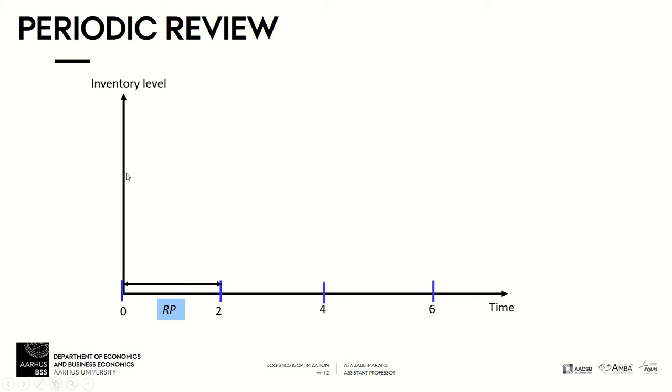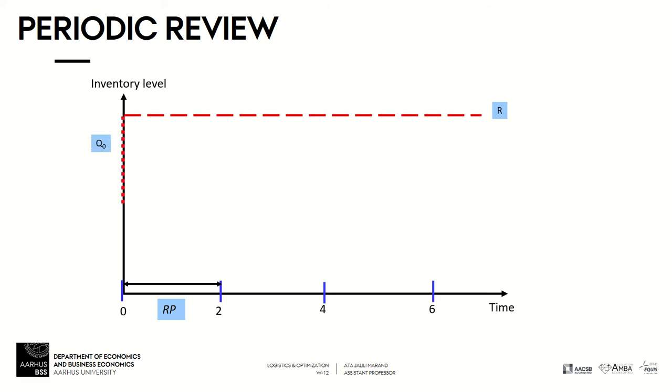Let's assume we have a stock level equal to R, and at each of these points of time, 0 to 4, if the inventory level is less than R, then we will make an order to reach this level.